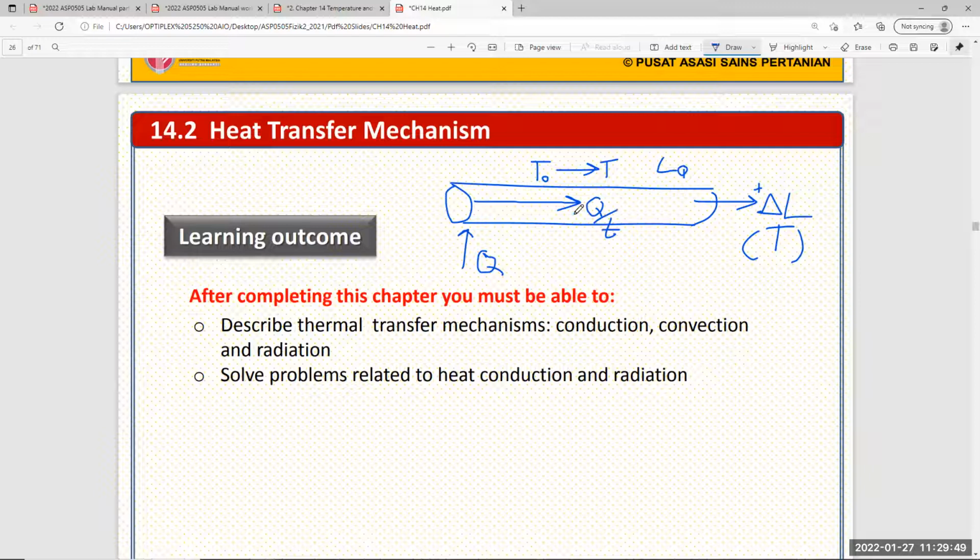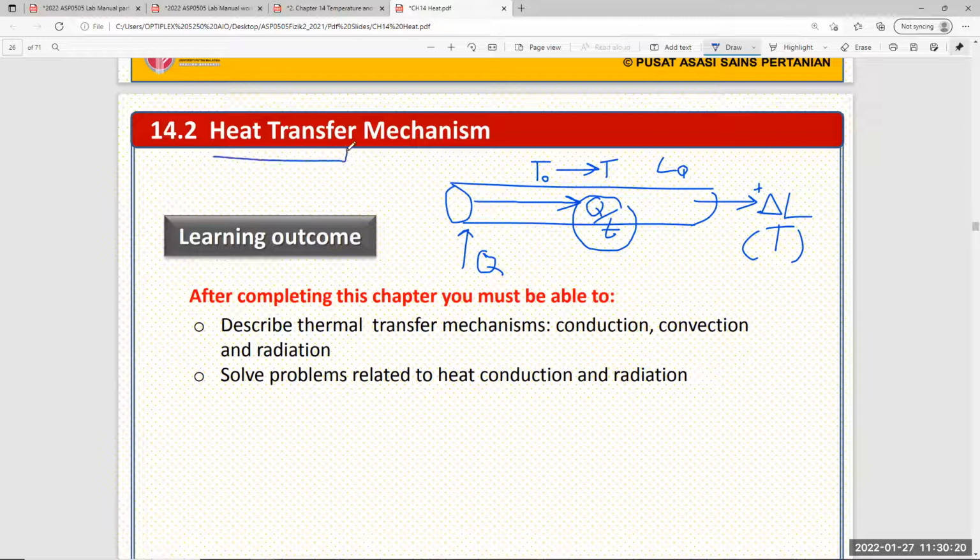You can think of the heat as being in motion, like our velocity. That's why in our discussion after this we call it thermodynamics. So the heat is not fixed; it will move throughout the medium, which in our case just now is a solid, through the rod. So we need to determine the dynamic of the heat. This is what we call heat transfer.